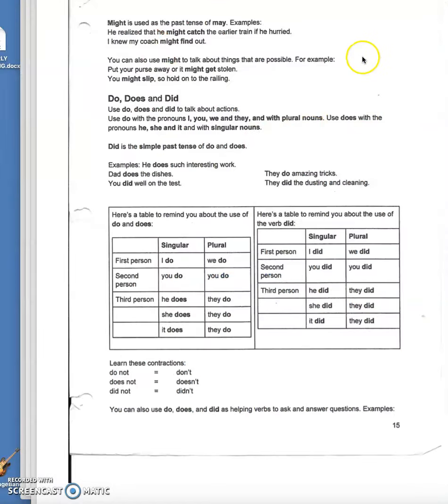So let's start with do, does, and did. Okay. So I'm going to read some of the book here, and I'm also going to just talk about this. So use do, does, and did to talk about actions. So we're talking about actions, things that are getting done. So did is the simple past tense of do and does.